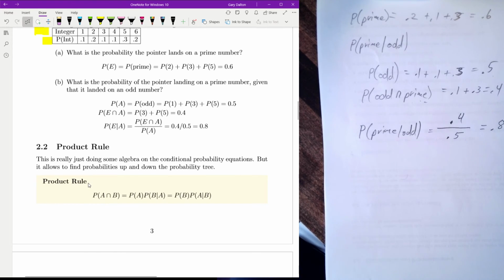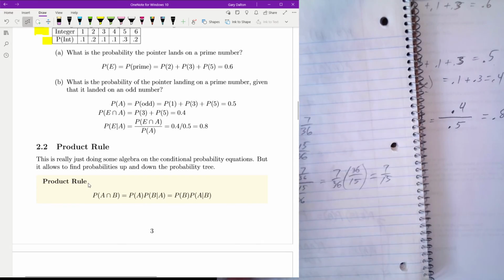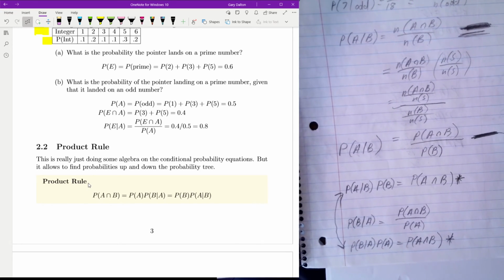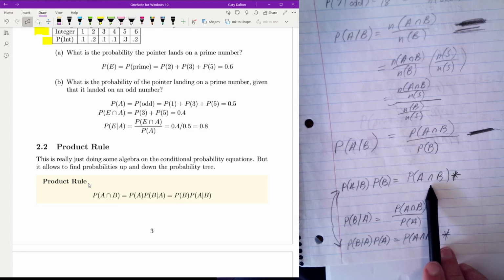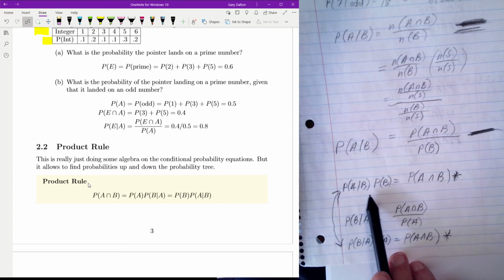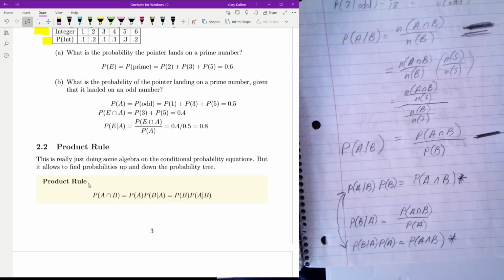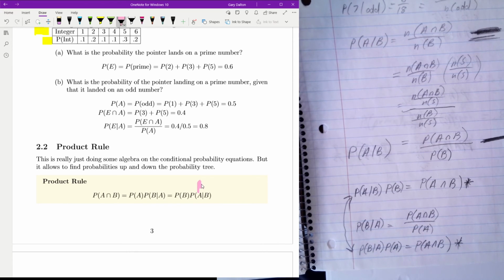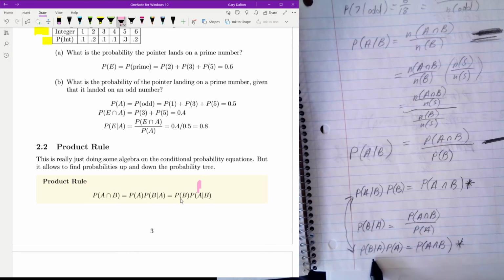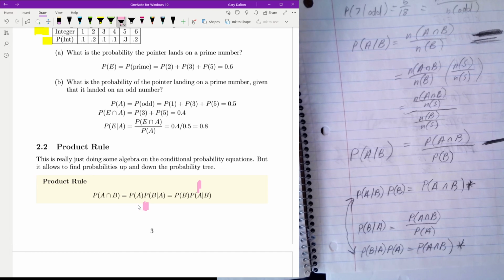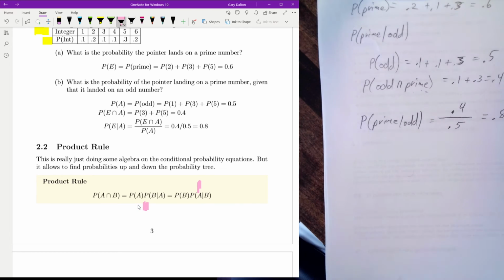The probability of the intersection is equal to the probability of A given B times the probability of B, which is the second equation here. And it's also equal to the probability of B given A times the probability of A. They just changed the order from what I had, but these are the same things. So this is the product rule.